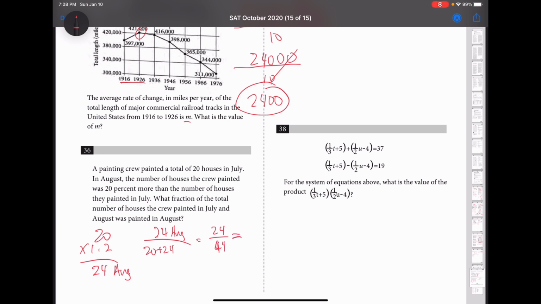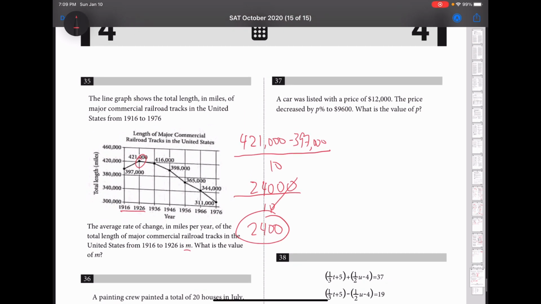And if we simplify this fraction, divide top and bottom by 4. 24 divided by 4 is 6. 44 divided by 4 is 11. So let me just double check that. 24 divided by 4 is 6. 44 divided by 4 is 11. The answer is 6 out of 11.